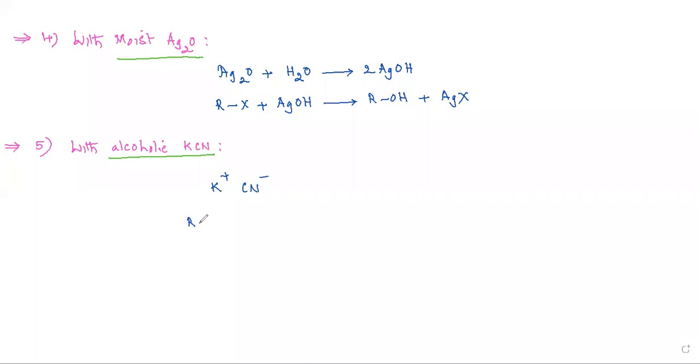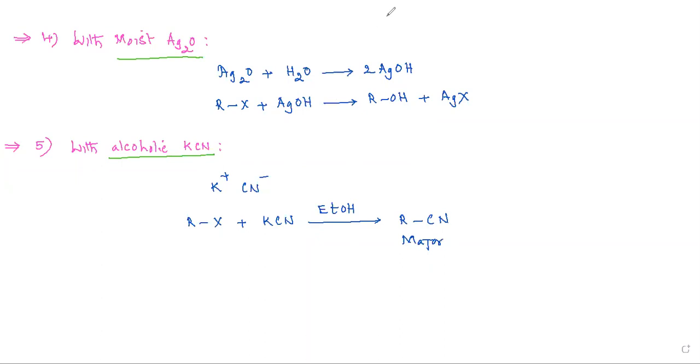Now, when this is treated with alkyl halide with ethanolic KCN, it forms alkyl cyanide as a major product.